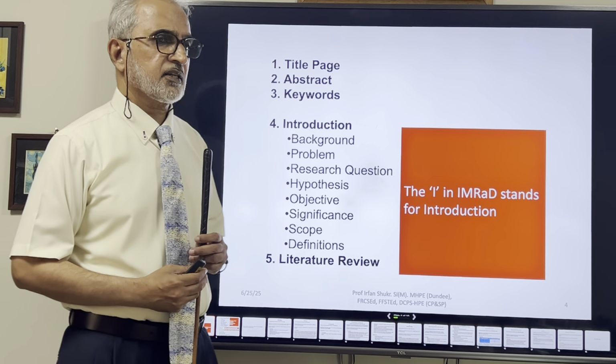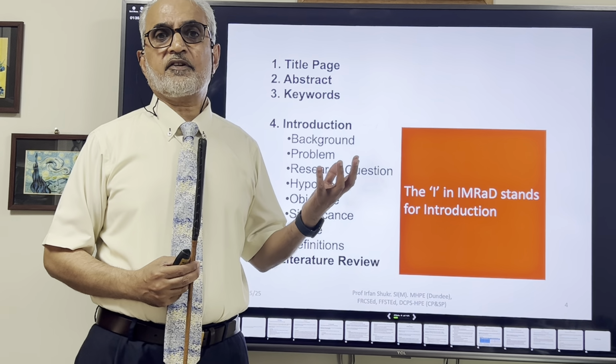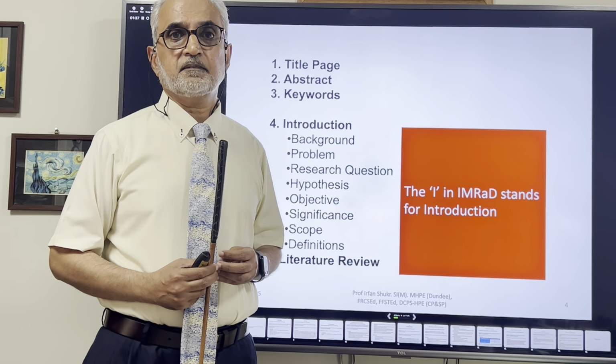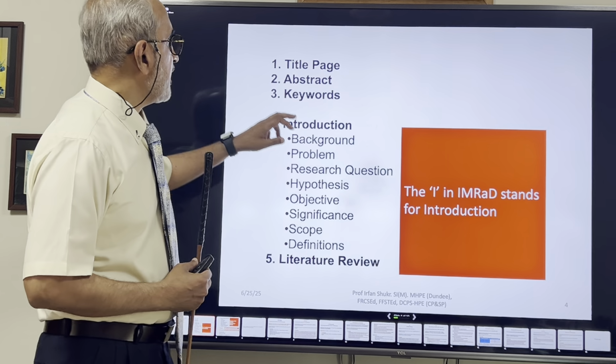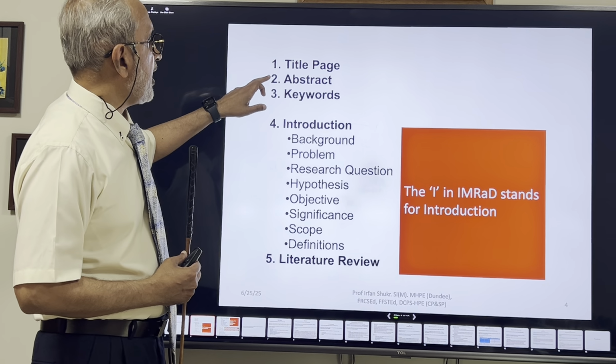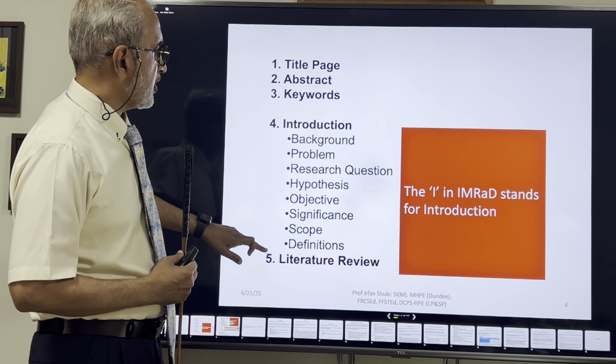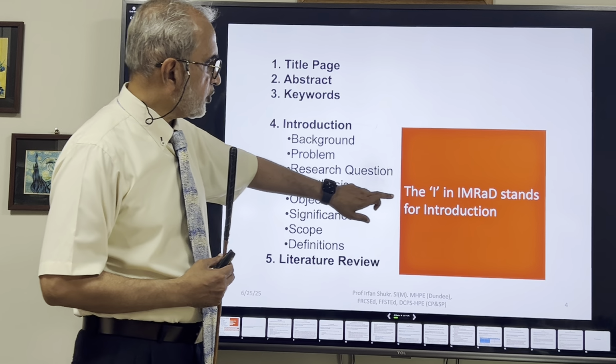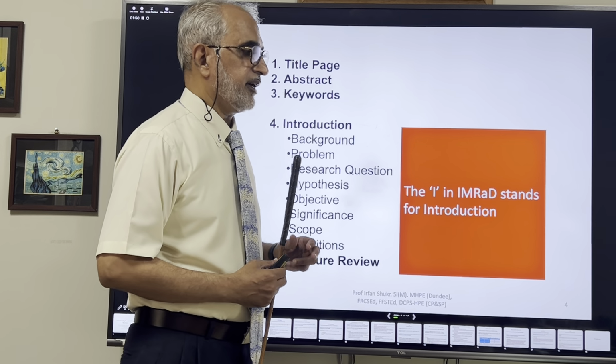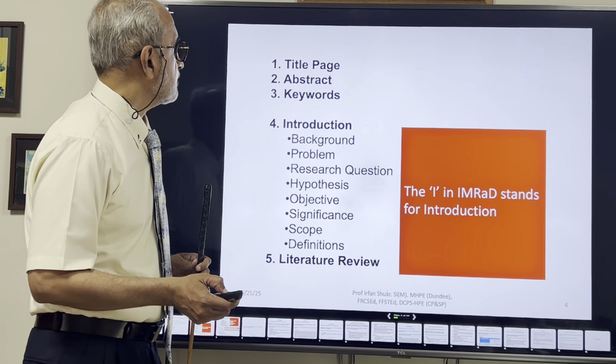We also discussed the headings in a research paper. And you see the headings are title page, abstract, keywords, introduction, literature review. This all is included in the I in IMRAT, which stands for introduction.